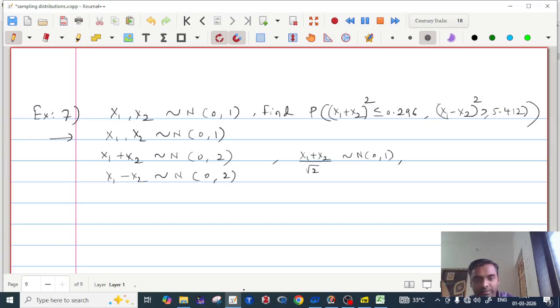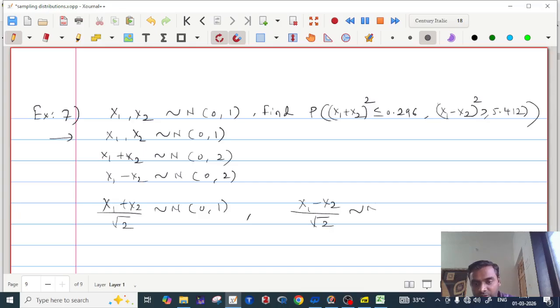Similarly, (X1 minus X2) upon root 2 follows normal 0, 1.